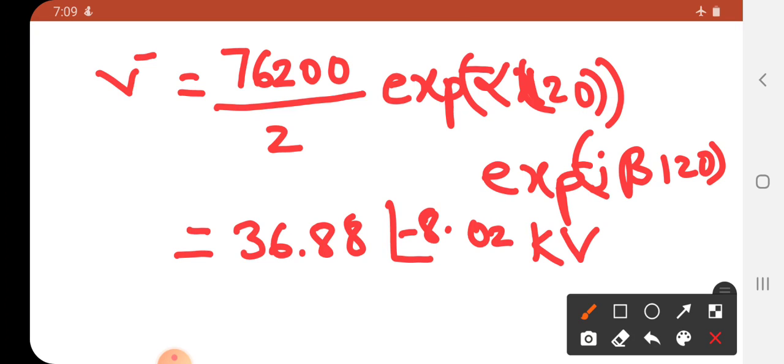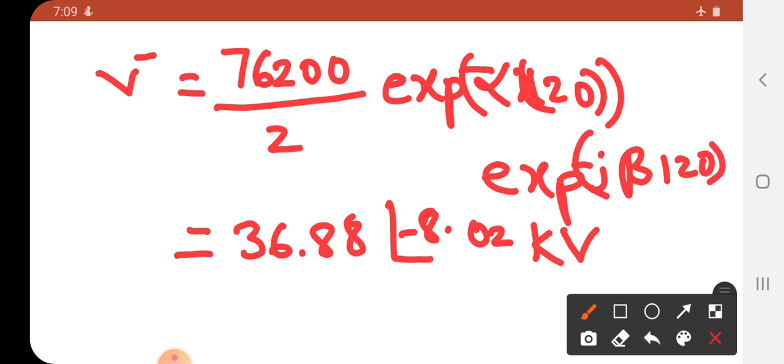Therefore, what you can say from this problem? What is your analysis? You are able to find incident voltage and reflected voltage, and in the long transmission line, at any point the voltage is the sum of incident voltage and reflected voltage.